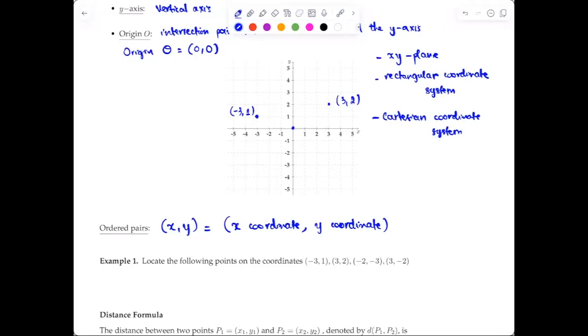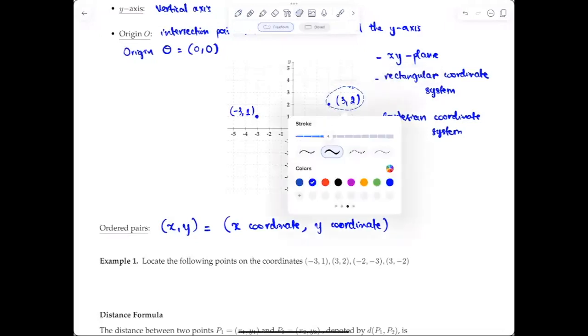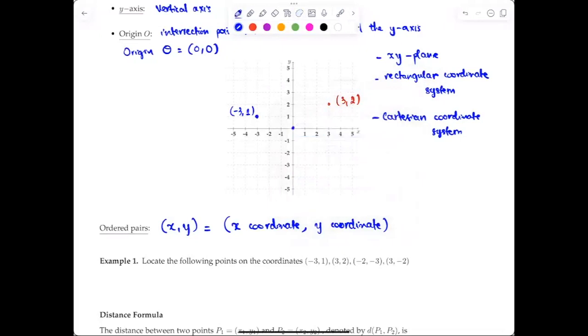The third point is (-2, -3). Let me use a different color here. And the last point is x equal to 3, y equal to -2. Good. Simple enough.